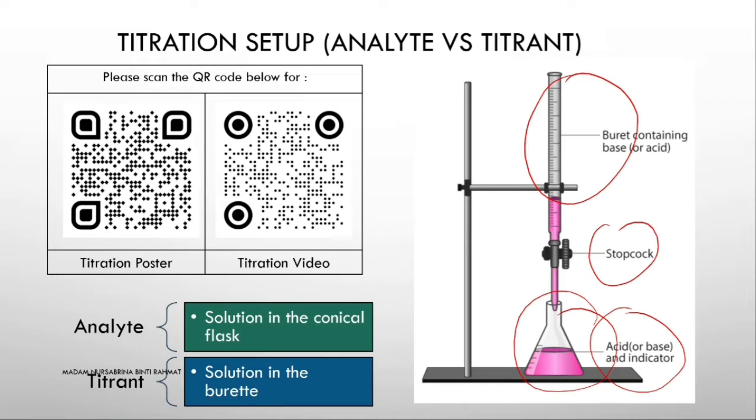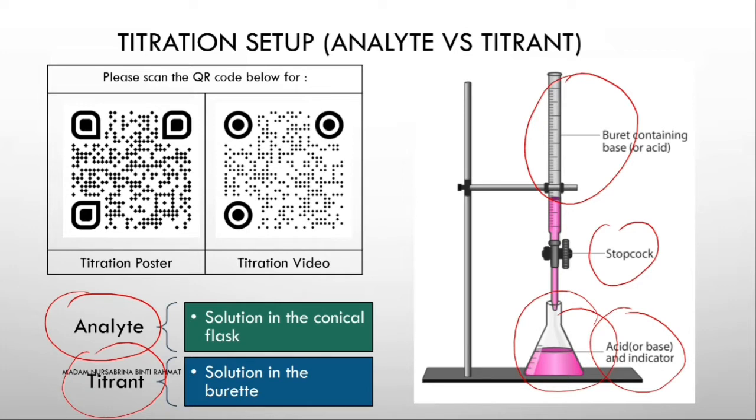The solution that we leave in the conical flask, we name it the analyte, whereas the solution that we fill up in the burette is known as the titrant. Usually the analyte is in the conical flask. We use a pipette to withdraw the analyte solution from its reagent bottle and transfer it into the conical flask.